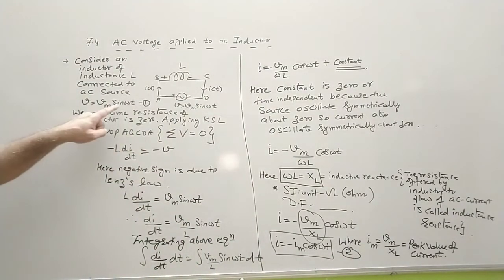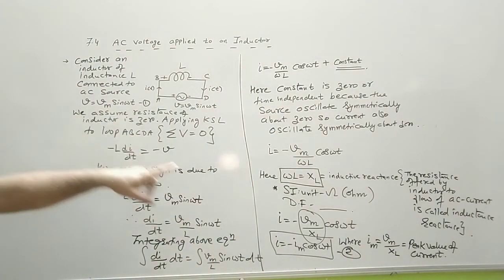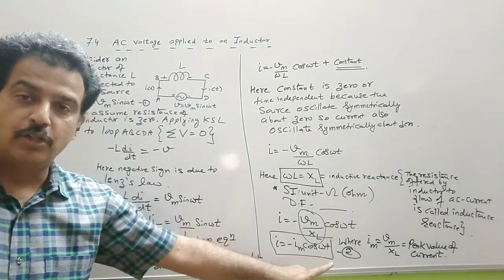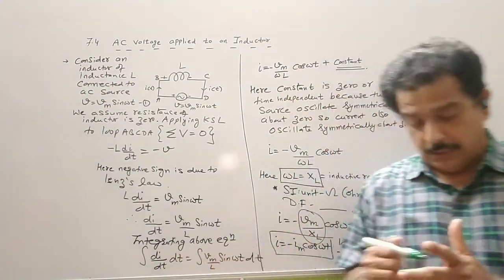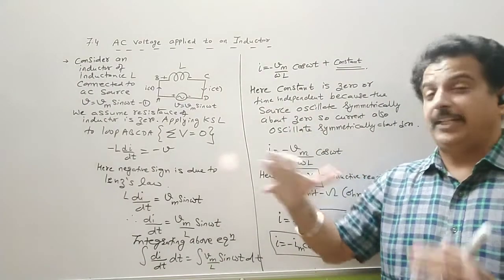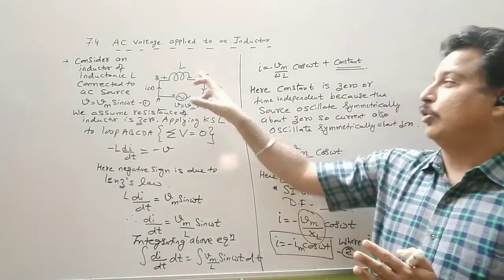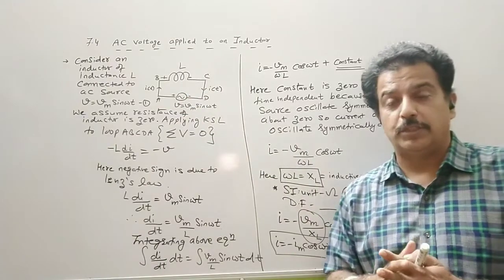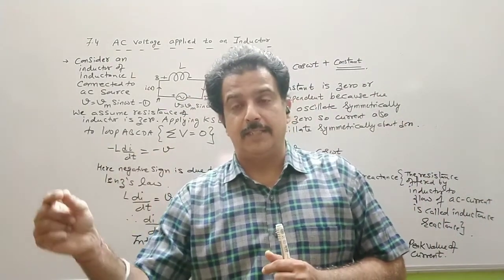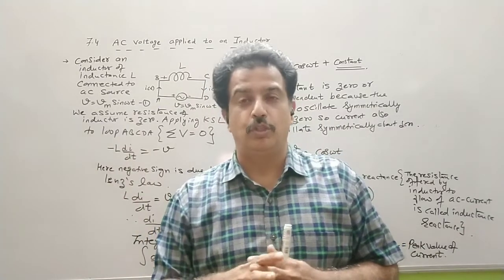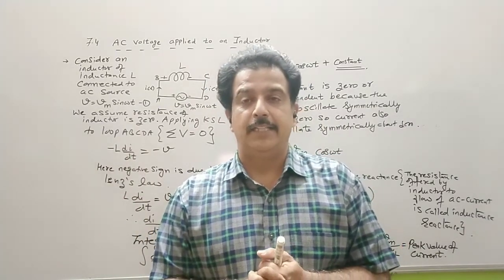So one is a function of sine, the other is a function of cosine. Now we want to compare it with the case where we connected a resistor to an AC source. In that case the voltage was a function of sine and the current was also a function of sine.